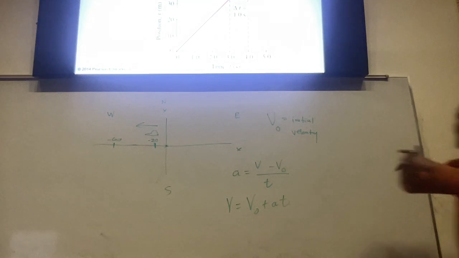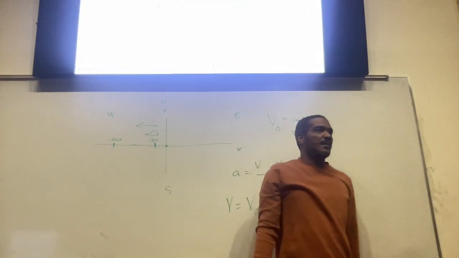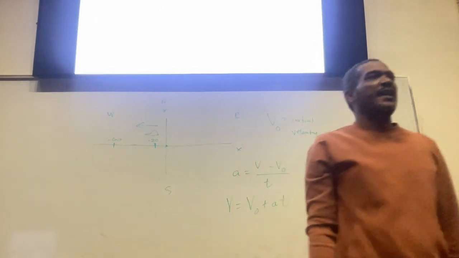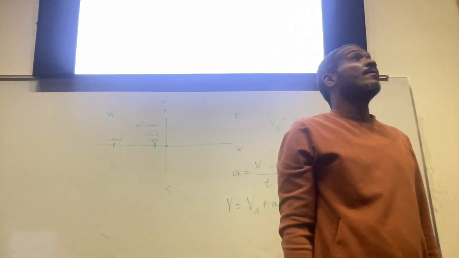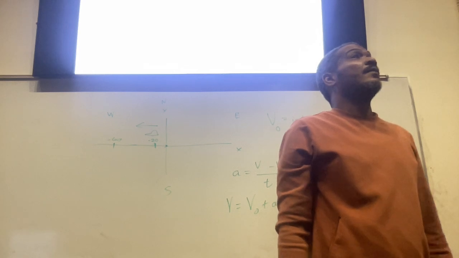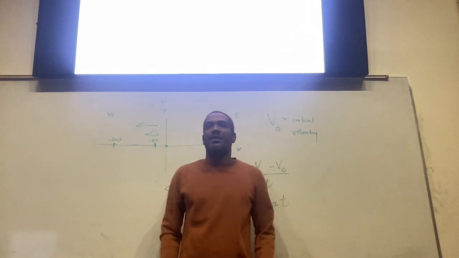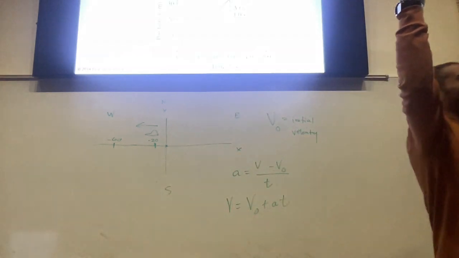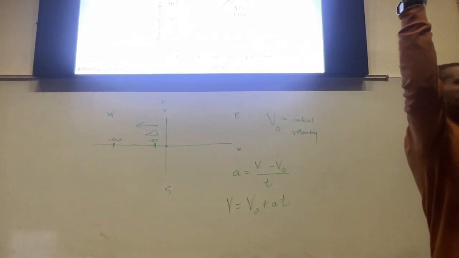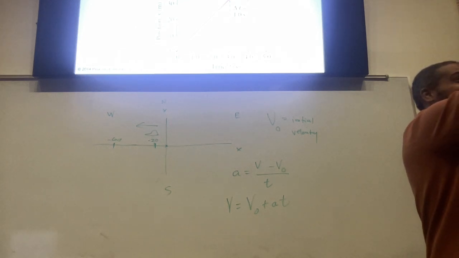So then that means that this is the what variable? Independent. No. An independent variable means what? It doesn't need anything for it to change. The only thing time needs for it to change is who? Position?